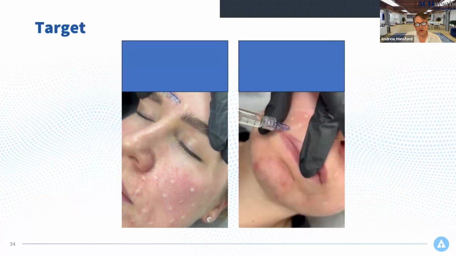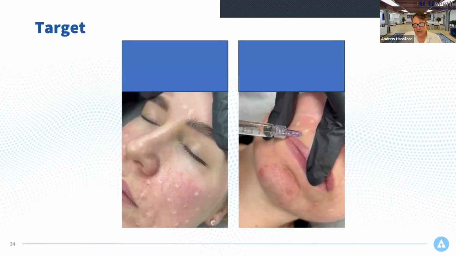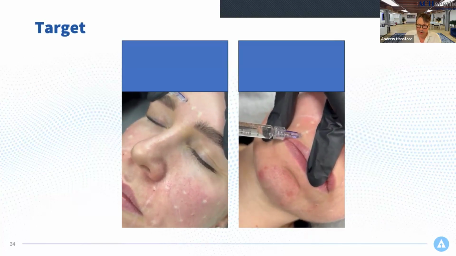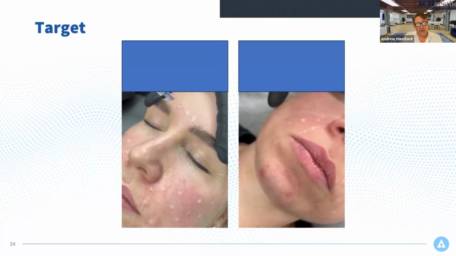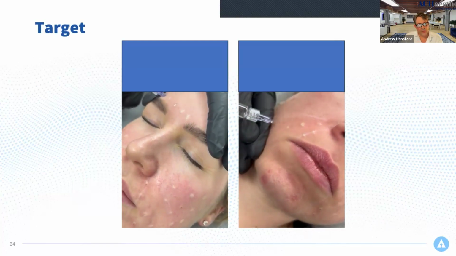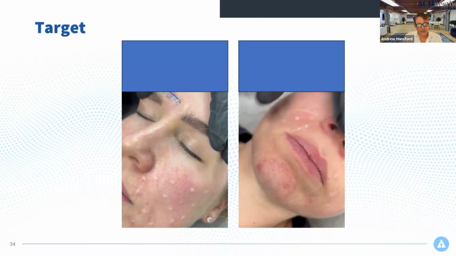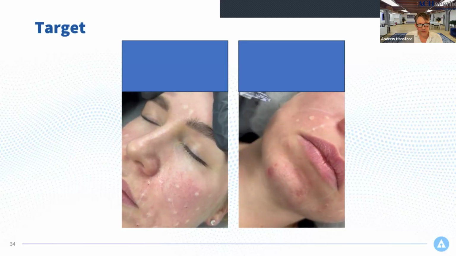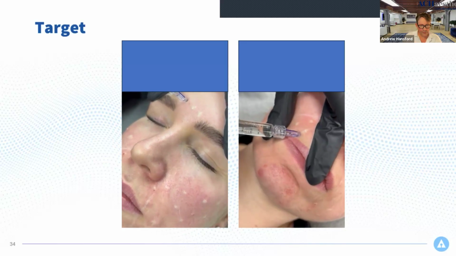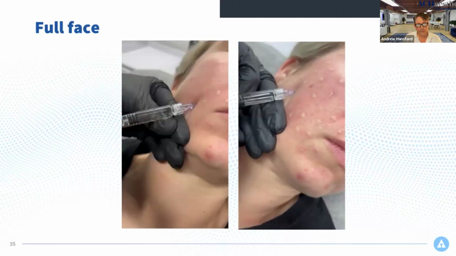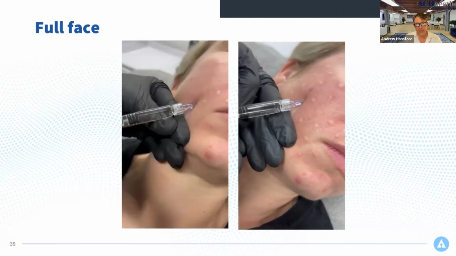This is more target work. So the right-hand side, I'm targeting the marionette area and nasolabial fold. The left hand, we're just pretty much going everywhere, just giving a complete rehydration to the whole skin. Right-hand side is exactly the same.